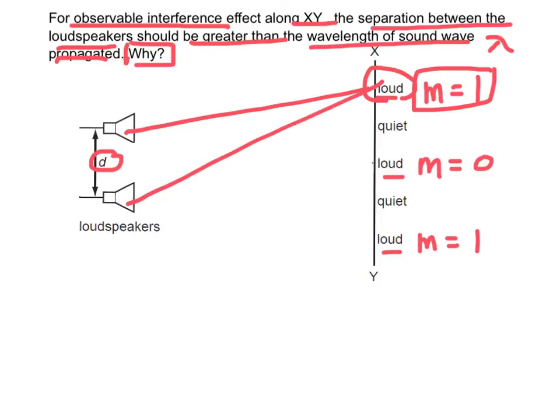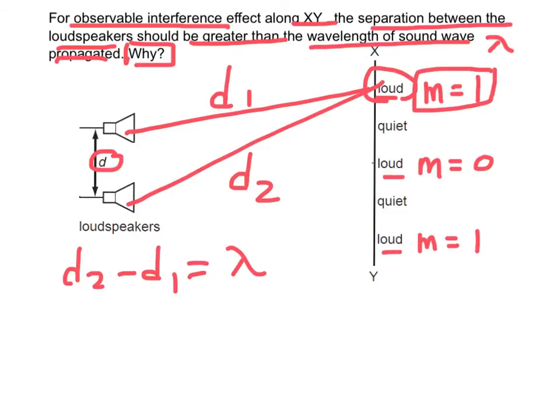We have the path difference d2 minus d1 equal to 1 lambda. By geometry, we see that d2 minus d1 must be smaller than d.